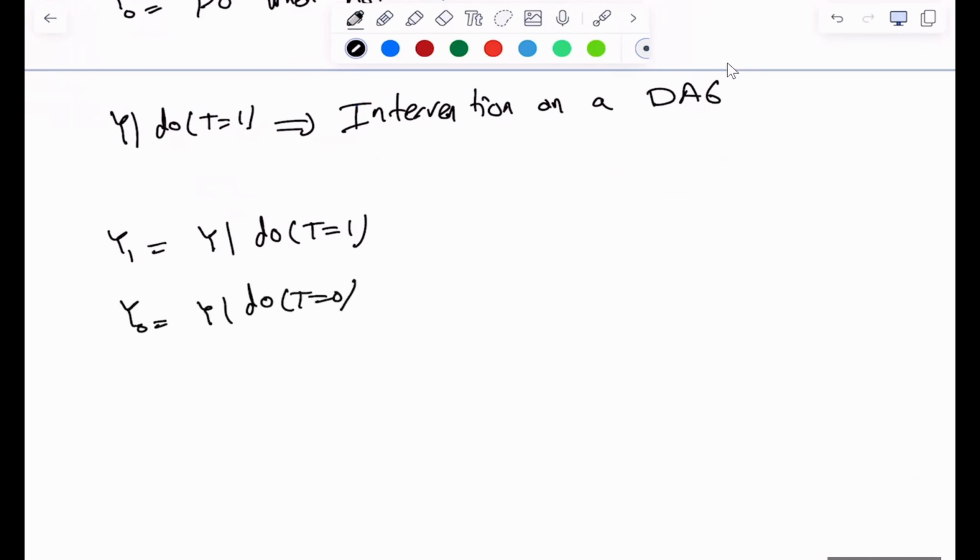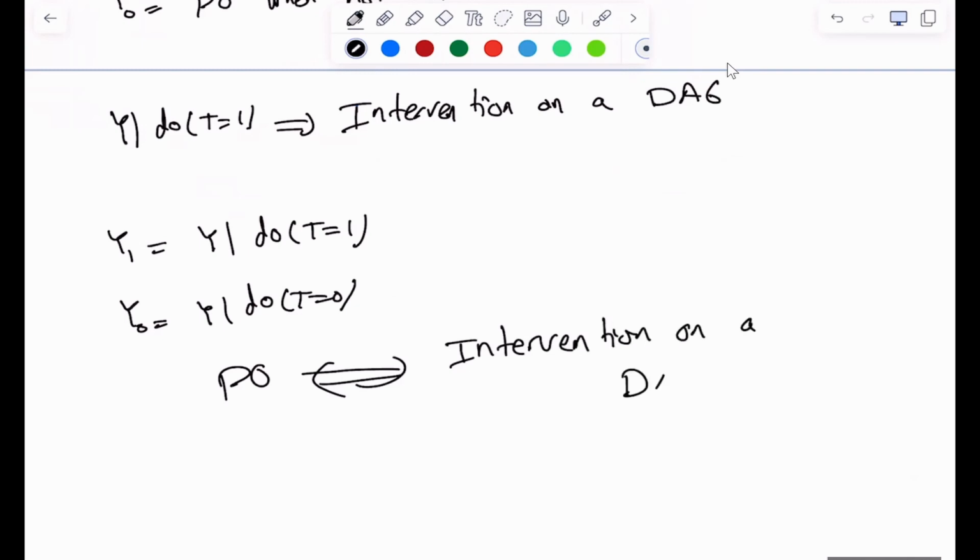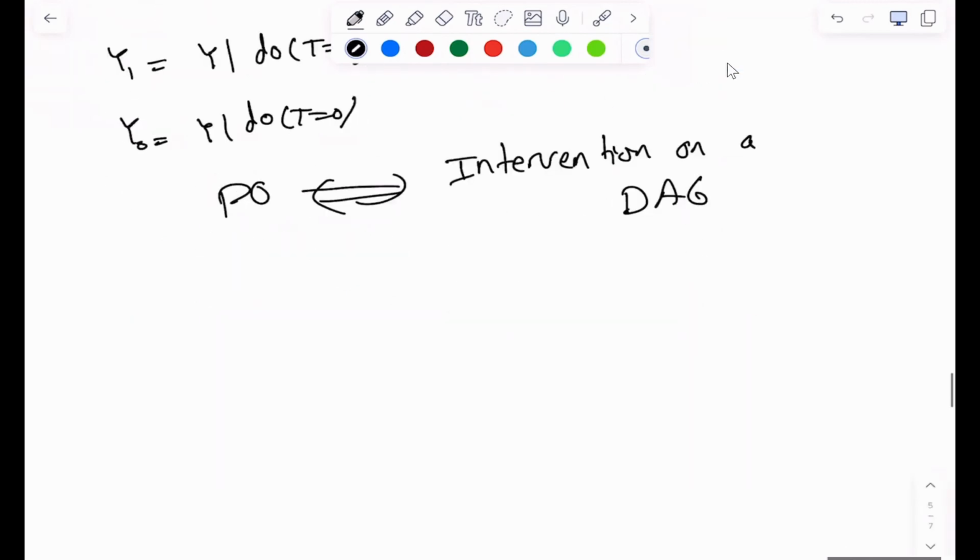So potential outcome, PO, is just equal to intervention on a DAG. That's it. So not only are these two frameworks not different, but they are actually very, very similar to each other. And one concept from one framework is really mapped to a concept in the other framework.